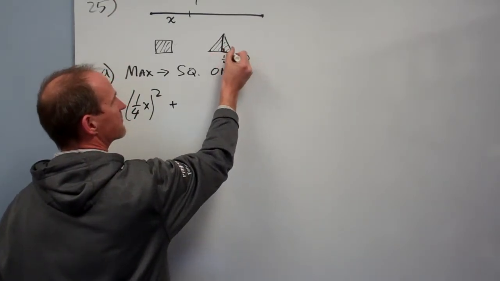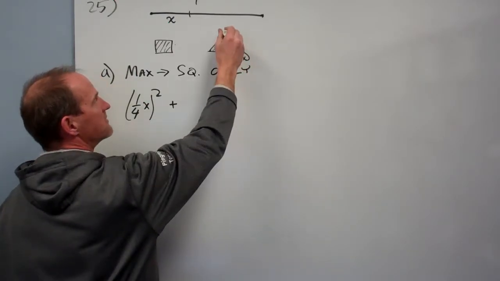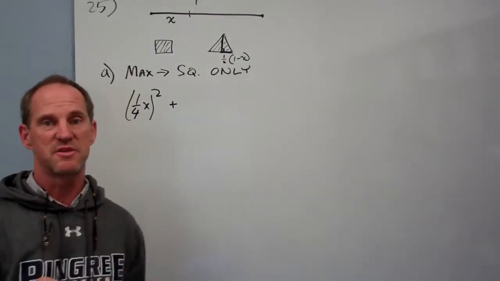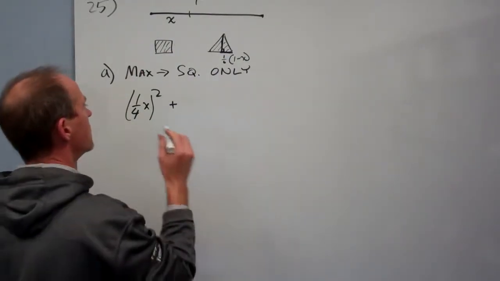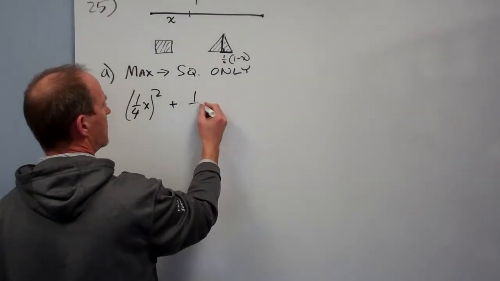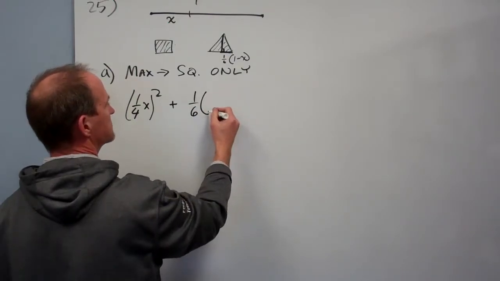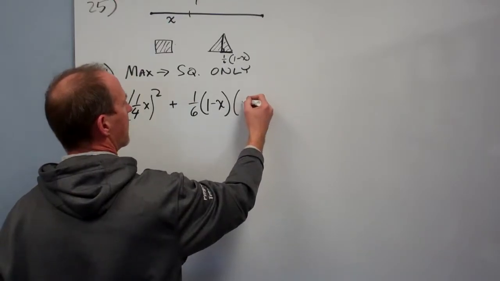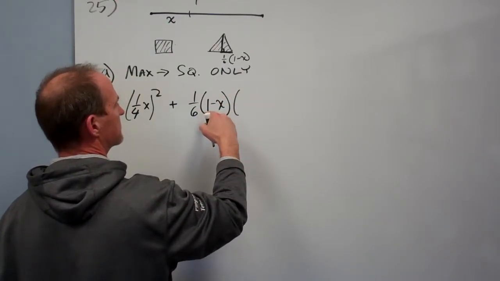That's that length right there. The hypotenuse then would be twice that, but we want to know what the altitude is, and that's that times the magic multiplier, radical 3. So it's 1/6 times 1 minus x times this same thing times radical 3.